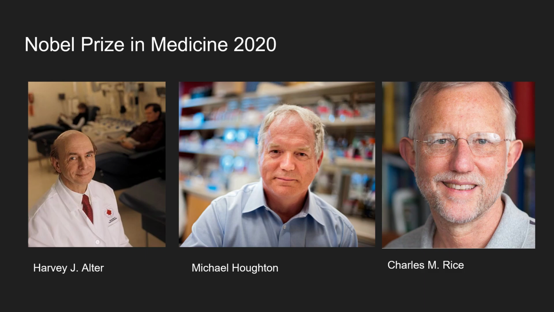And so these three scientists, Harvey J. Alter, Michael Houghton, and Charles M. Rice, did manage to figure out what was making people sick after blood transfusion. Through their work, they won the Nobel Prize in Medicine in 2020. It was after the discovery of the virus that blood donors' blood was screened for this virus.